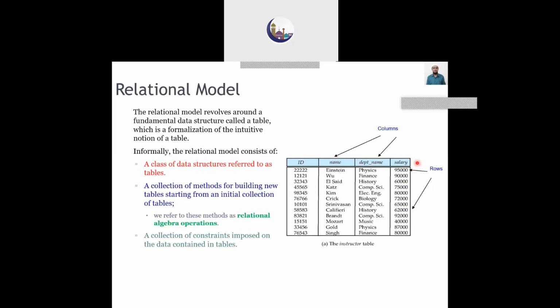The simple thing revolves around the fundamental data structure called a table, which is the formalization of the intuitive notion of a table. The data structure that we refer to in the relational model is tables, sometimes also called relations.